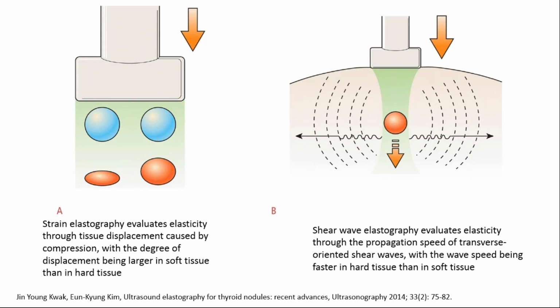And the machine gives you a spectrum of red to blue. Red means softer and blue means stiffer, and that's how you see regions or tissues, or within the tissue different regions where the tissue has different elasticities than others.